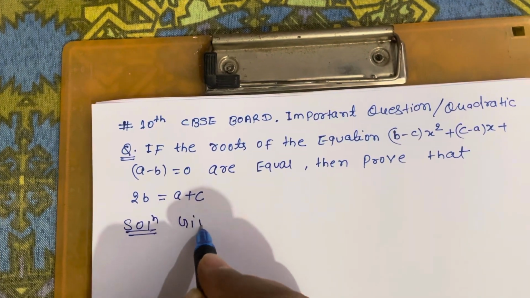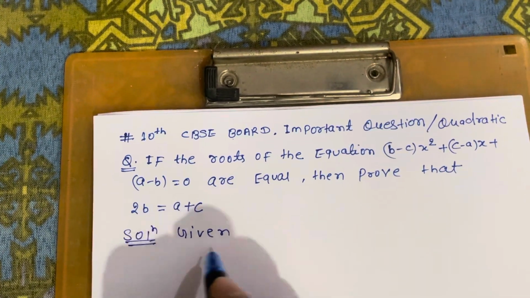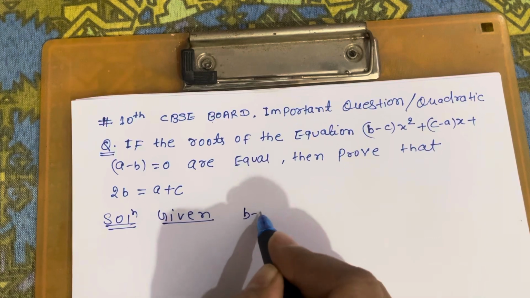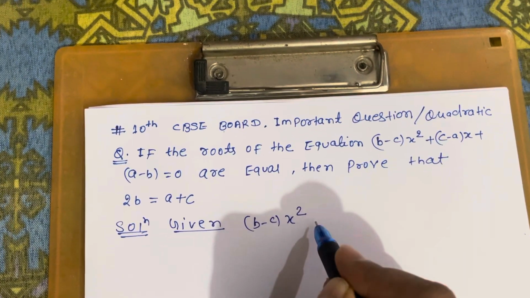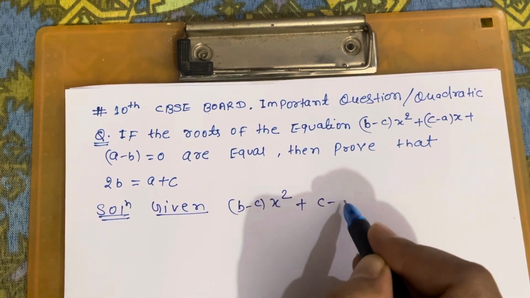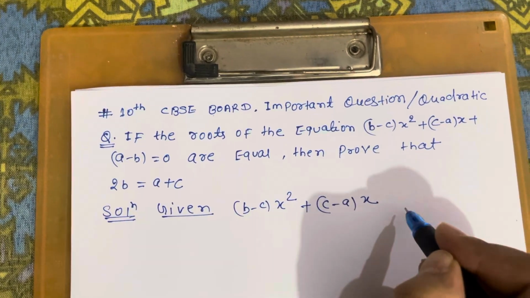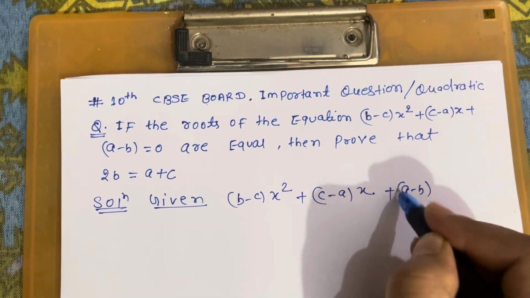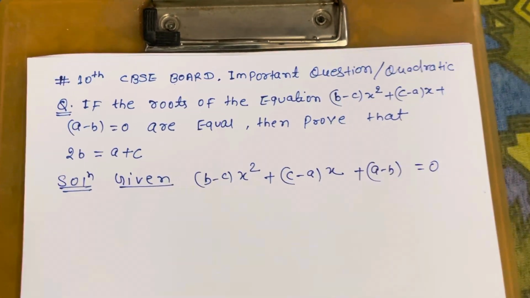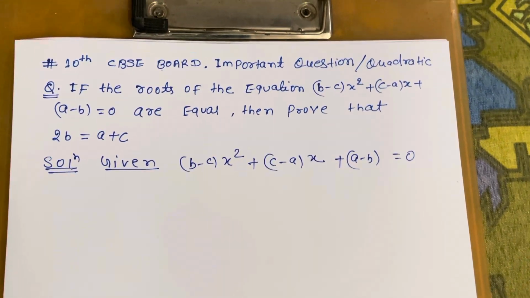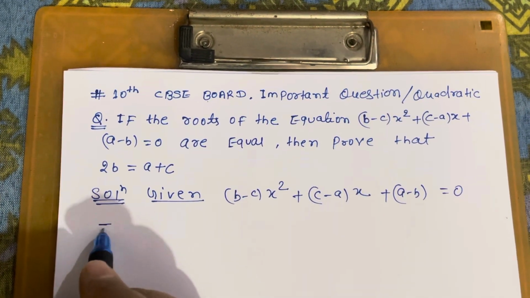The given equation is (b minus c)x square plus (c minus a)x plus (a minus b) is equal to 0. What is the standard form of a quadratic equation?